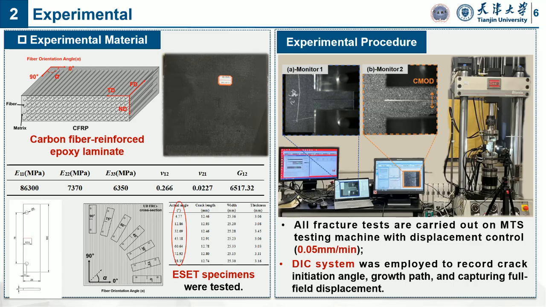The specimen is cut in the TD and FD plane with different orientations. The experiment is conducted on the MTS test machine with displacement control of 0.05 millimeter per minute, and we use the DIC system to record the crack initiation angle, growth path, and capture full field displacement.